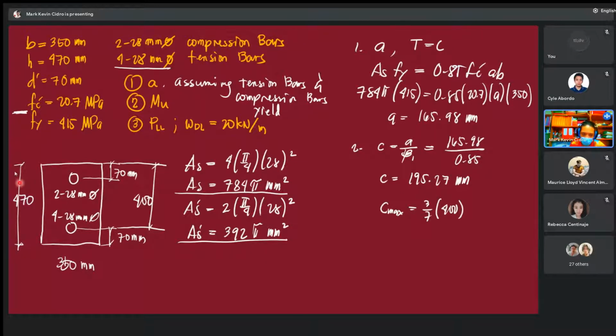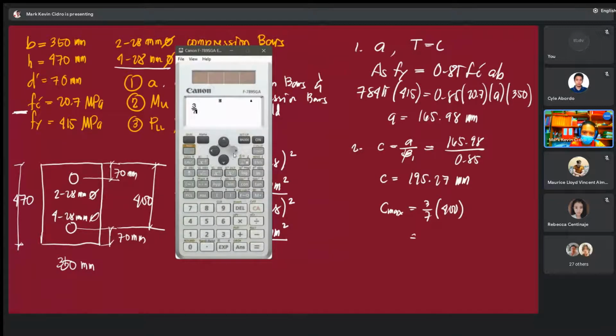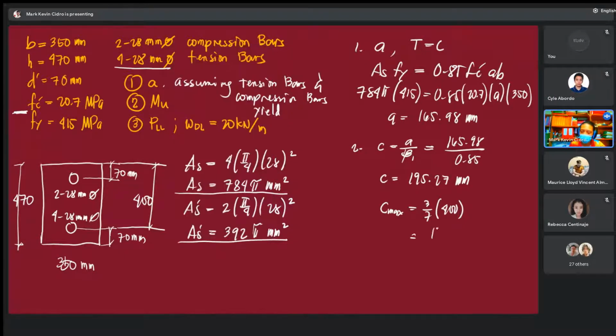The given is the total height, and d you computed as 400. So 3 over 7 times 400 is 171.43 mm. Obviously, C exceeds c max. So indeed, the problem is doubly reinforced.